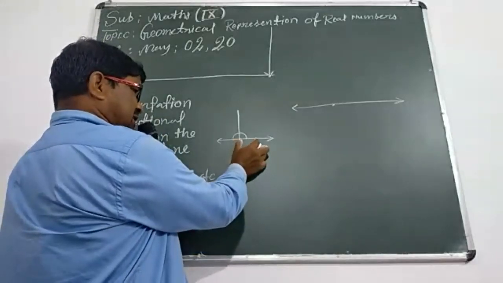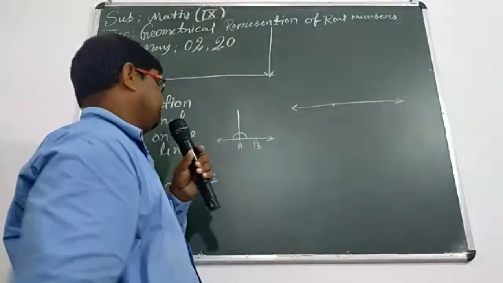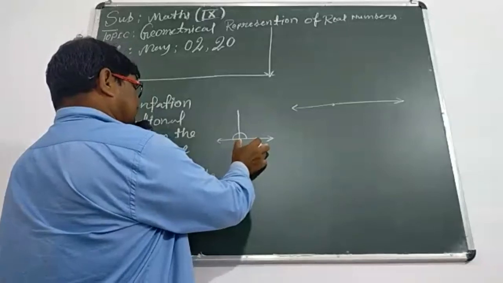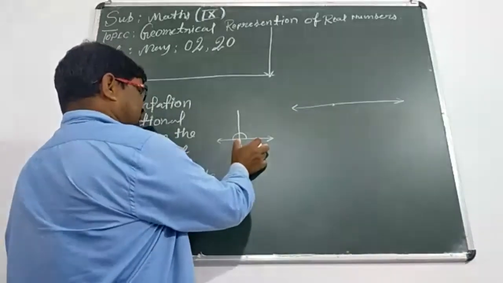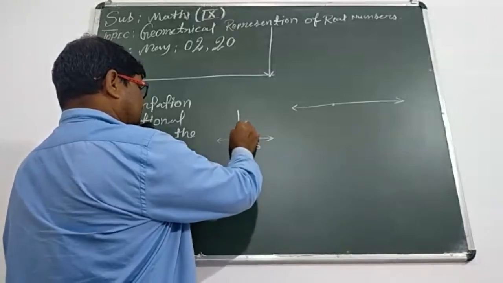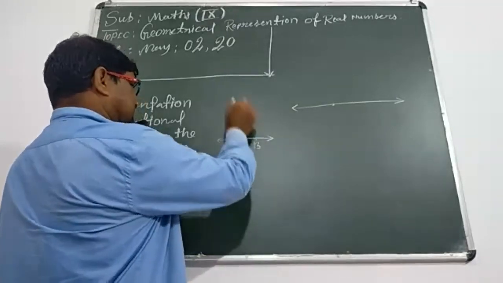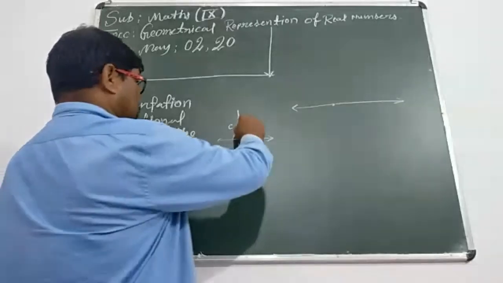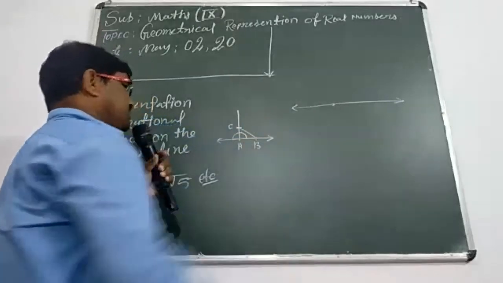Now student, this is your 1 unit. From the same length, same radius, cut an arc from the starting point here. Suppose that this is C. Now join these 2 points.